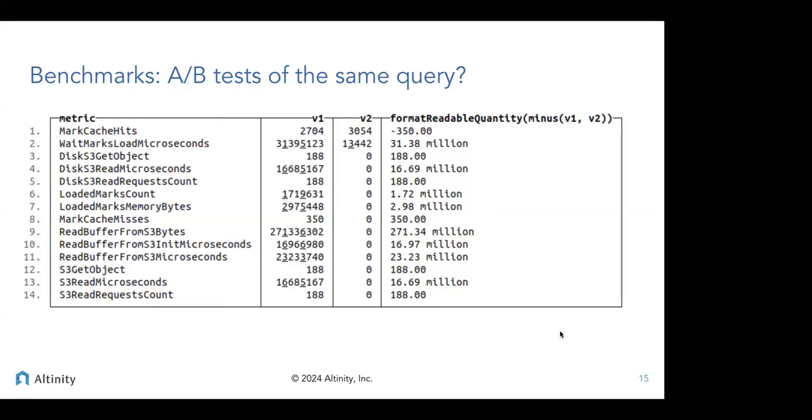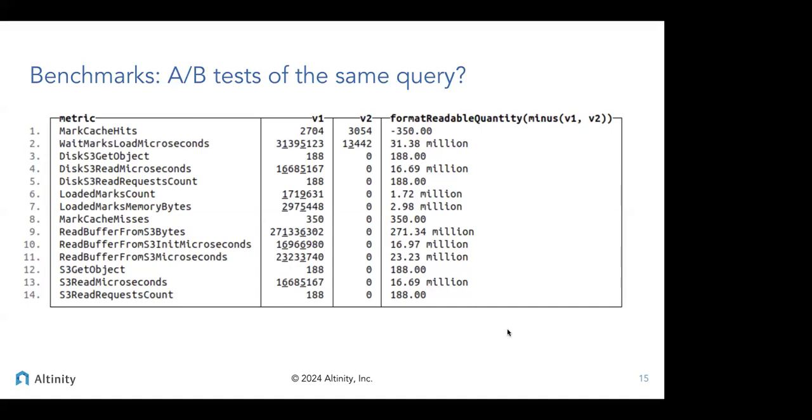Additionally, we see some other metrics with changes. For example, we clearly see that the query was using disk S3. The first query was reading some data from the disk S3, while the second one didn't do that.